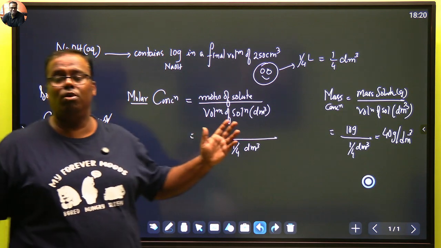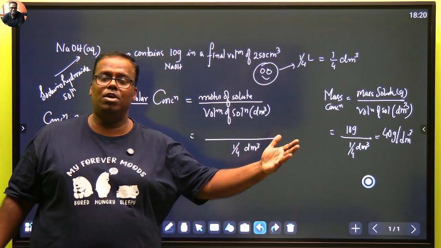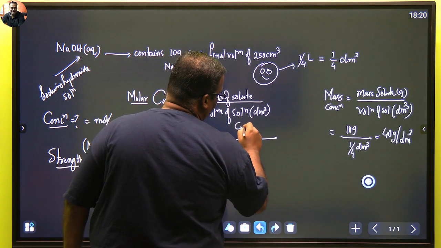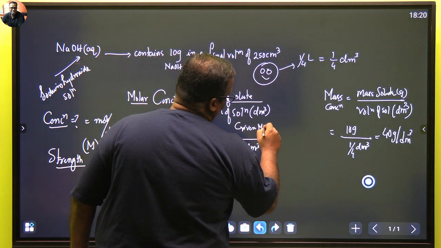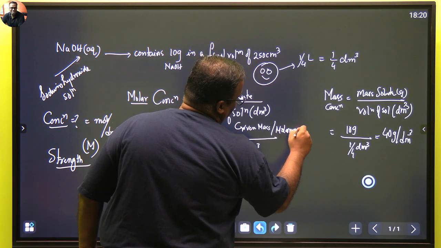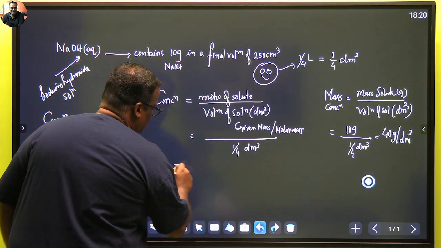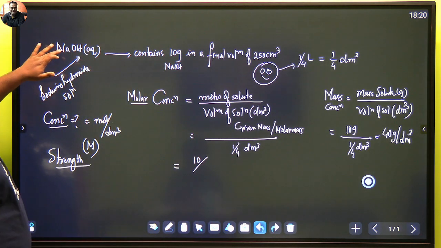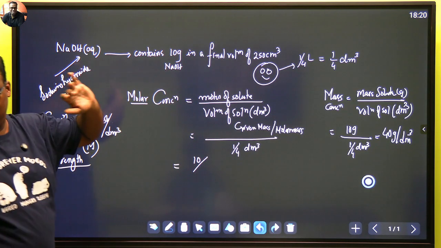Now moles. Come back to your main formula. What is the number of moles? Given mass by molar mass. You can't forget anything. The given mass is 10. Divided by the molar mass: sodium is 23... NaOH is 40.